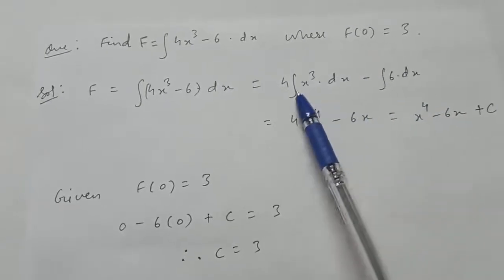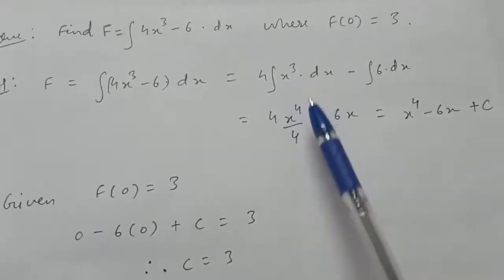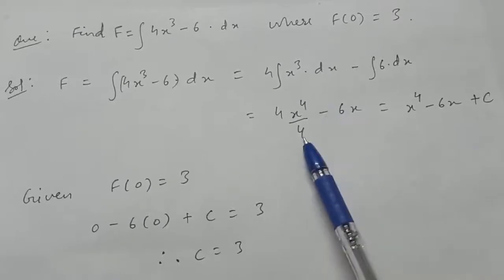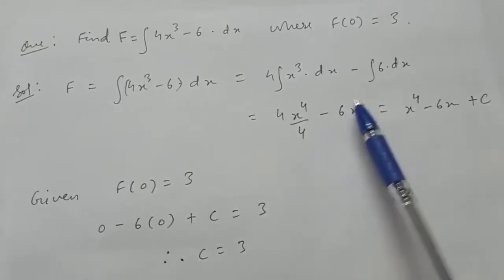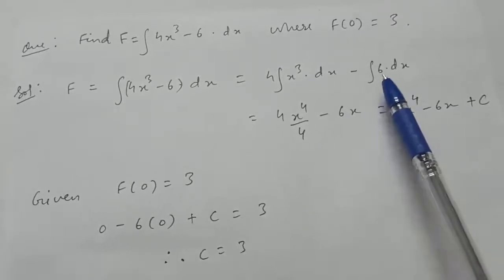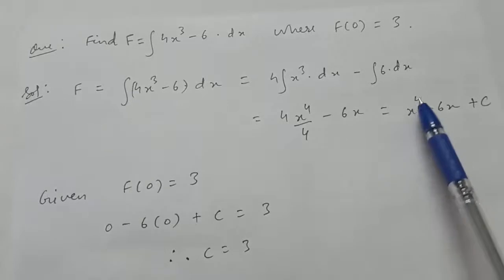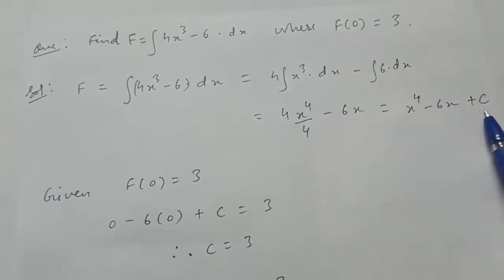It's your choice. So 4 as it is. Now the integral of x cube will be x raised to the power n plus 1, that is 3 plus 1, which is 4, upon 3 plus 1, that is 4, minus 6 into the integral of 1, which will be x. So this is x raised to the power 4 minus 6x plus c.